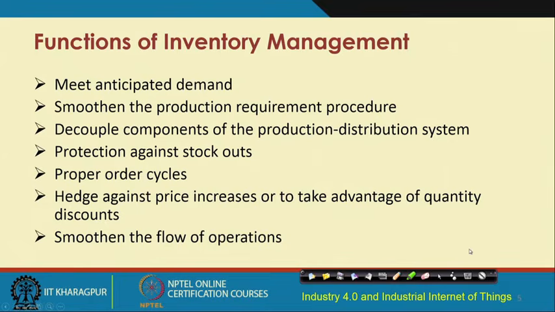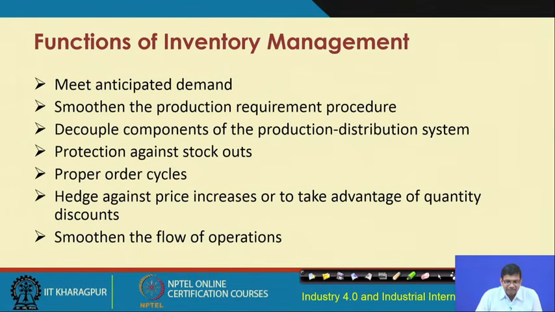So, now let us quickly go through some of the functions of inventory management. I am not going to elaborate this because these are quite self explanatory. So, the first one is meeting the anticipated demand, smoothing the production requirement procedure, decoupling components of the production distribution system, protecting against stockouts, properly ordering the cycles, hedging against price increases or taking advantage of quantity discounts, smoothing the flow of operations.